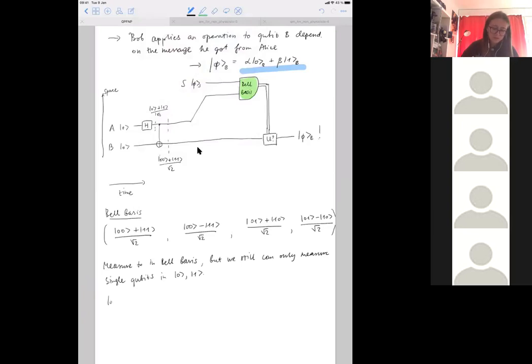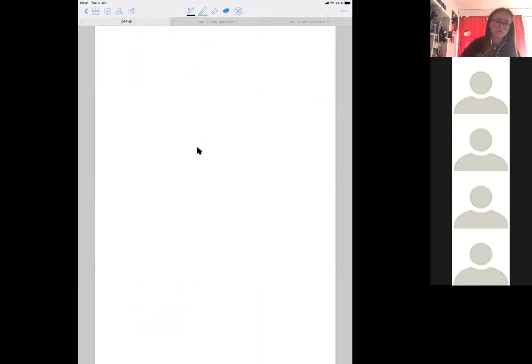As we have already seen, if both qubits start in state 0, and we apply the following procedure with Hadamard and a C-not, then we arrive at 0, 0 plus 1, 1 over square root of 2. Great. Let me copy this to the next page.